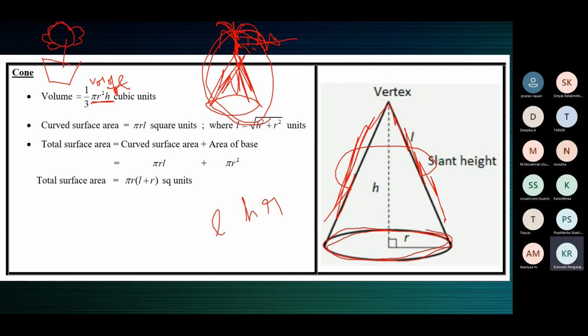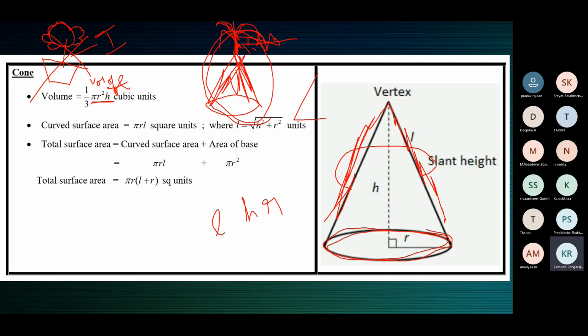First standard, second standard children normally draw a flower pot like this. I'm not talking about this. I'm talking about the cracker, the night cracker. So this night cracker is a solid cone.